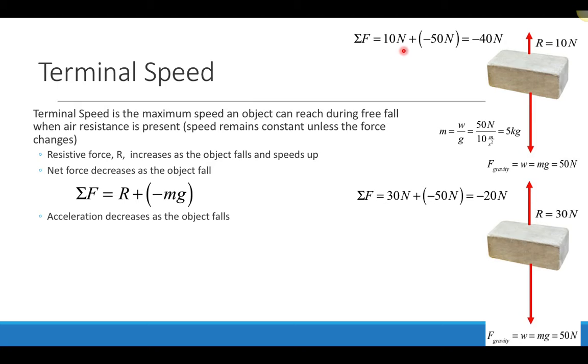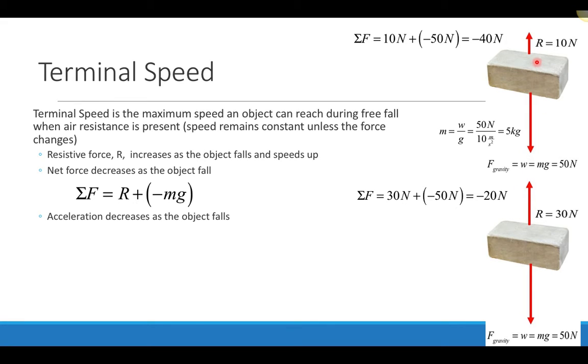In my top picture, I have 10 newtons acting up, and 50 newtons acting down, which is negative. That gives me a net force of negative 40. Versus here, I have more air resistance, and of course the force of gravity stays the same, so my net force is now negative 20.